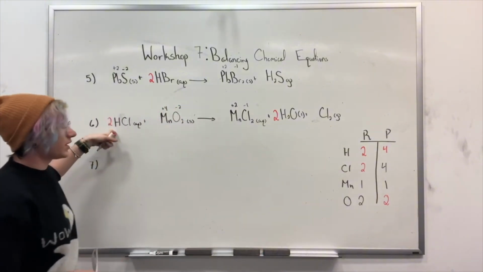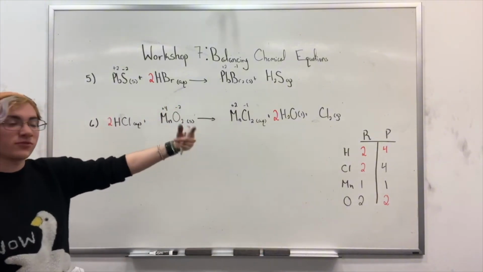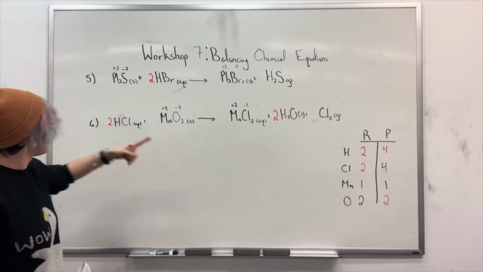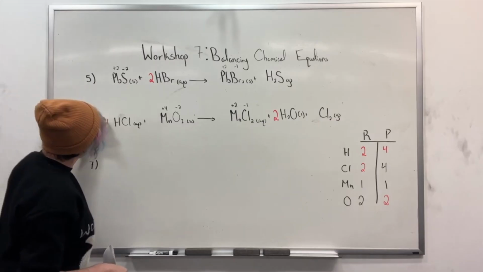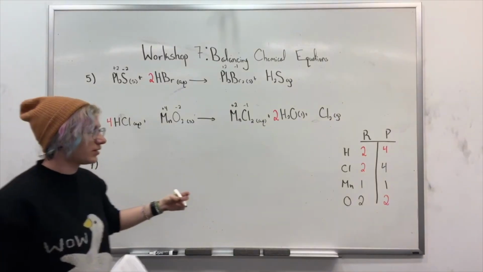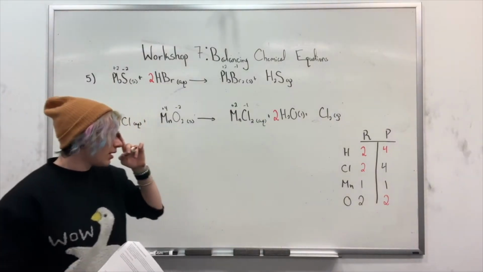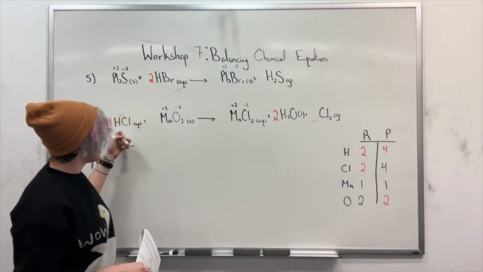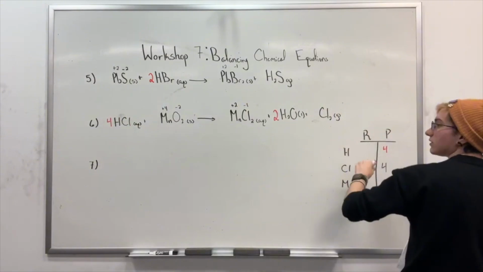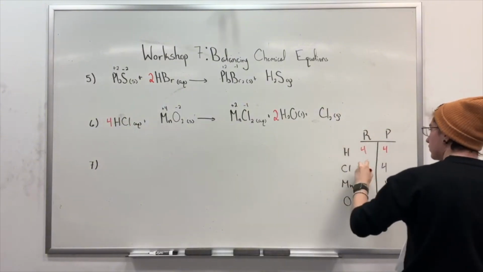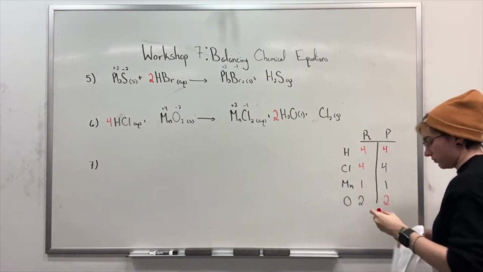We have already multiplied this by 2, and to bring 2 up to 4, you would multiply it by 2. And so we're going to multiply this by 2 again. We multiplied by 2 the first time to balance out our hydrogens originally, and now we have to multiply it by 2 again, so 2 times 2 would give us 4. And so that would give us 4 hydrogens and 4 chlorines.